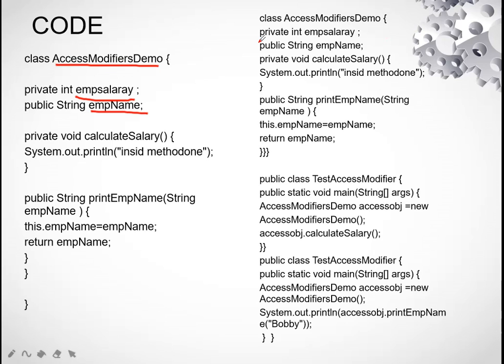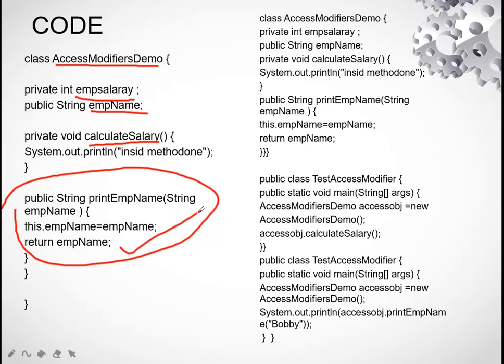Now this class access modifier demo has a method called calculate salary. Now what happens in this part? Print emp name will definitely print because it is within the same class.